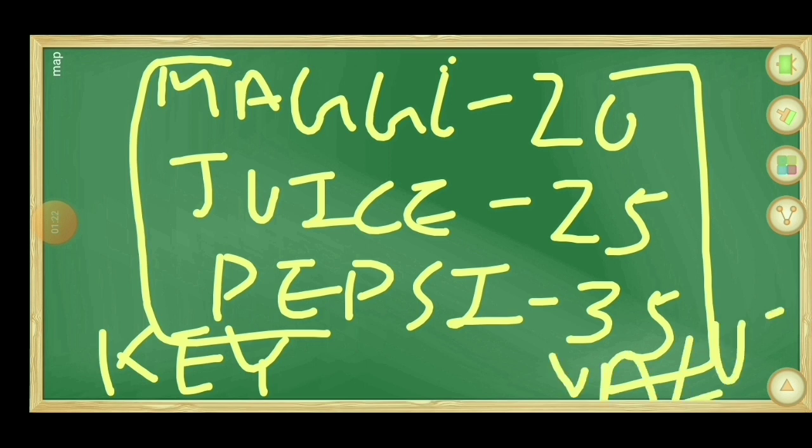Sometimes in real life we need to store data in the form of key-value pairs, and this is where maps come into the picture. A map is an associative container that stores the mapping between keys and value pairs.